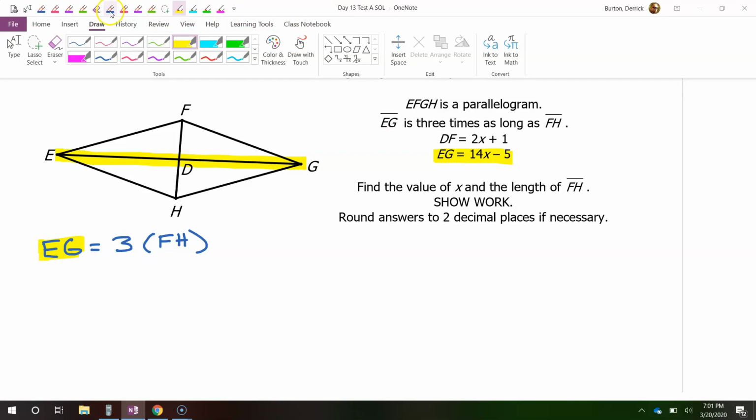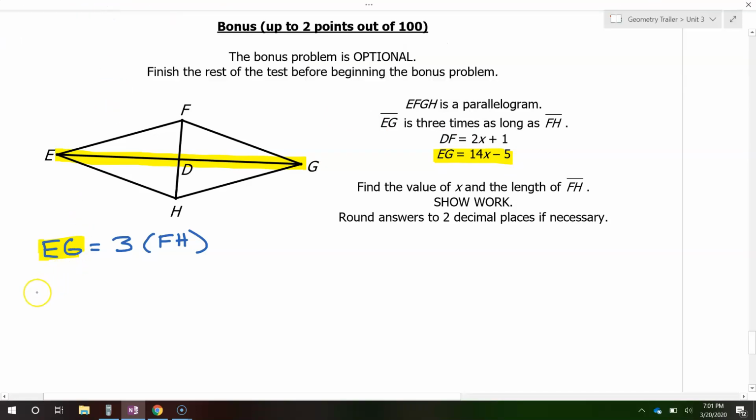So that tells me that if I wanted to, I could put 14x minus 5 right here, because that is EG.